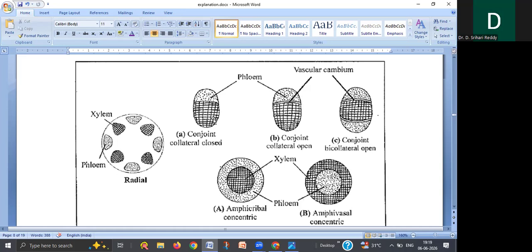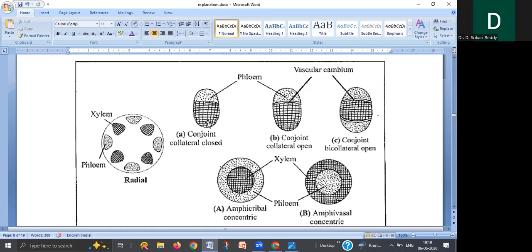Okay, in between the phloem and xylem, if there is no cambium, that is called a closed vascular bundle. That is found in the monocot stem. And if there is a vascular cambium between the phloem and xylem, that vascular bundle is called open.